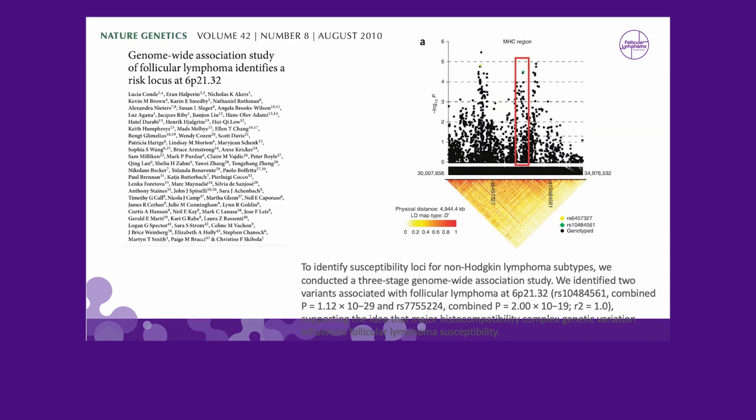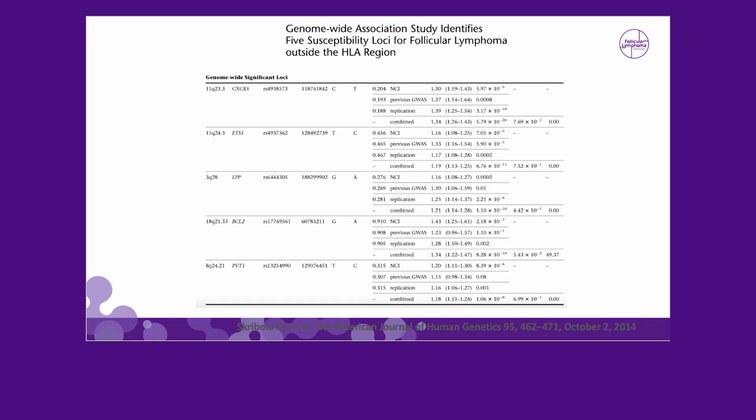And there were several genome-wide association studies that identified variants in the genome that are associated with increased risk to develop follicular lymphoma. The first two such sites are in linkage with the MHC, it's not surprising. And later on, a few additional mutations or alterations that are present in the population can increase the risk of some individuals to develop follicular lymphoma.